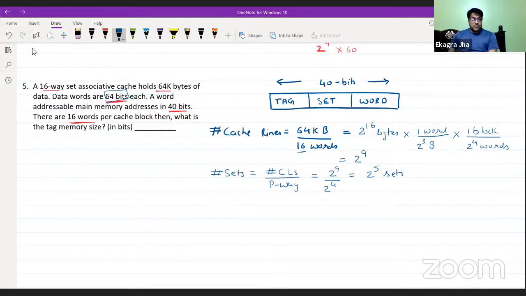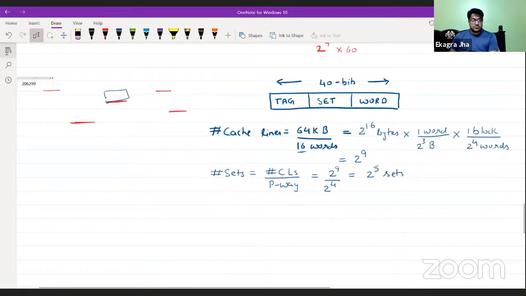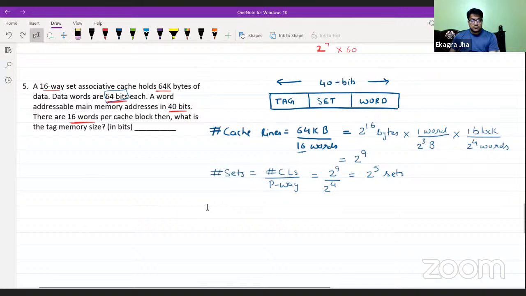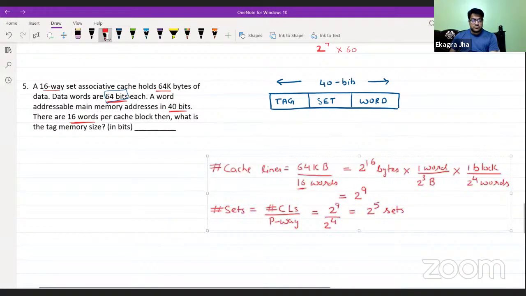Fine. So once you have the number of sets, the set field is going to be 5 bits long, because 32 sets are there.